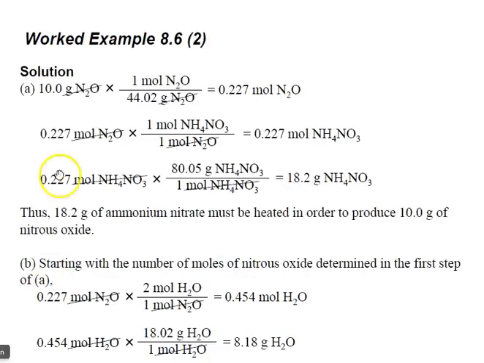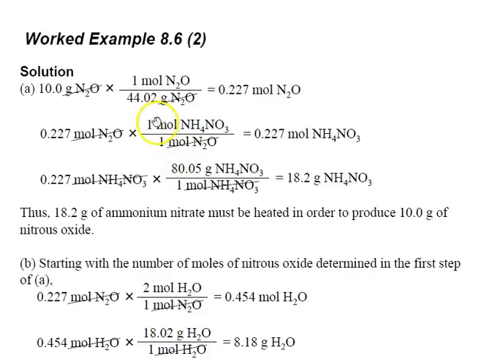So for our solution, starting with 10 grams of our N2O, we're going to use the ratio. The 44.02 is the molar mass of N2O. We set it up this way so that our mass cancels. This gives us moles of N2O. And then from our moles, this value is just rewritten here.